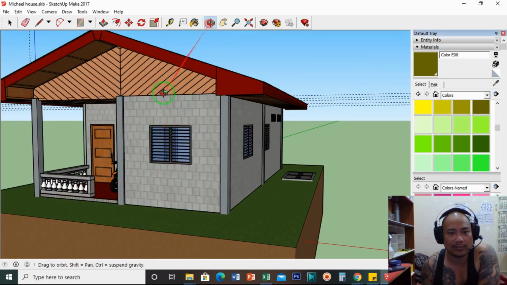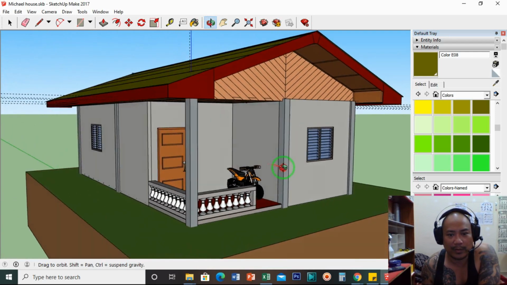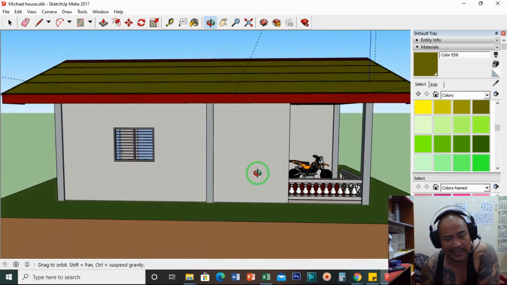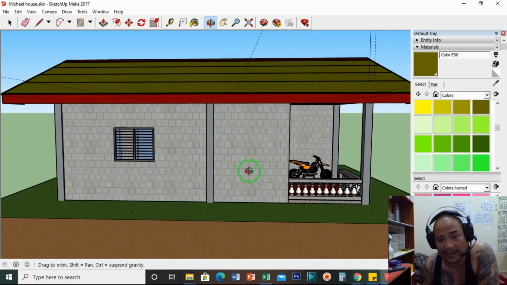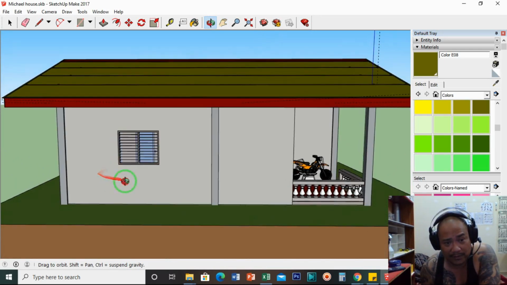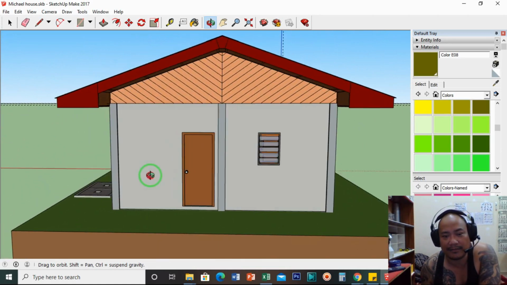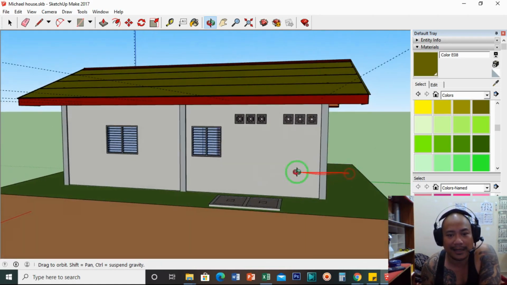So we will look at it in the side view. It's just a simple house. As I said, it's a simple box with a roof. The exit door, the side view.